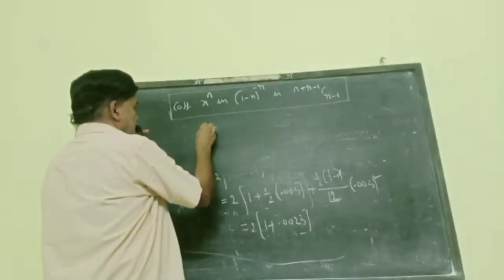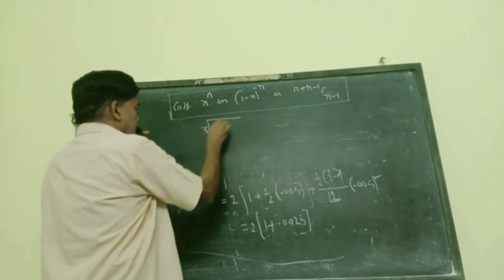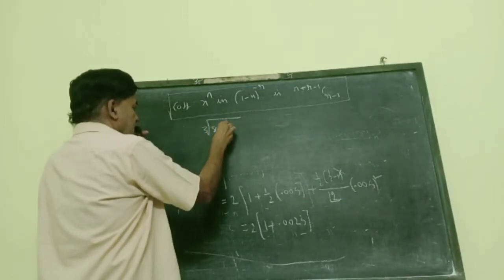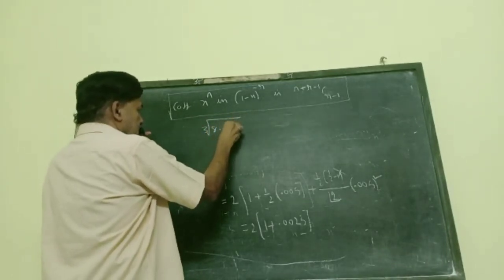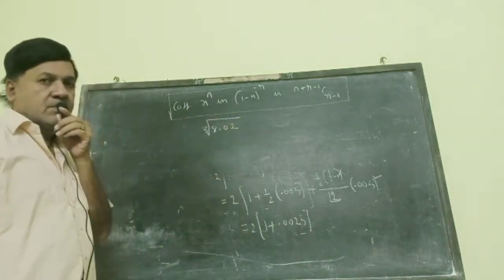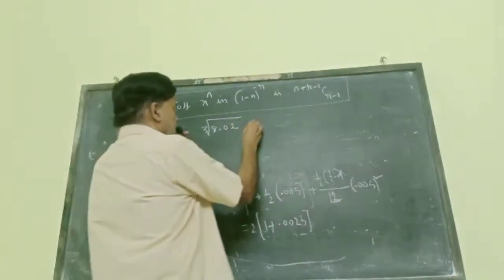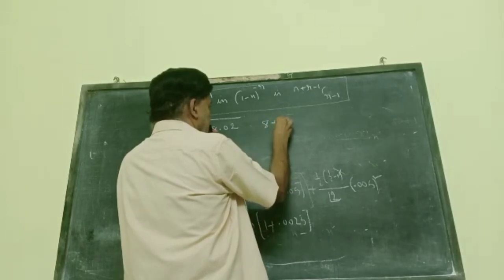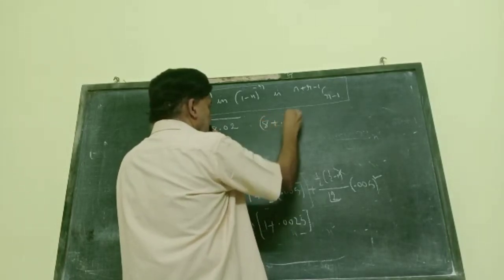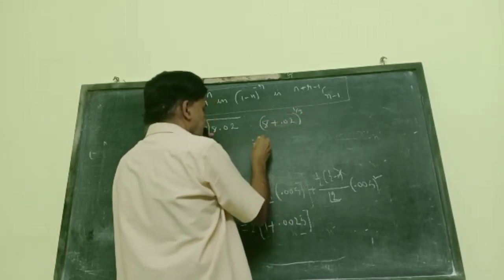Let us consider cube root of 8.02. Then you can write like this. First, (8 + 0.02)^(1/3).